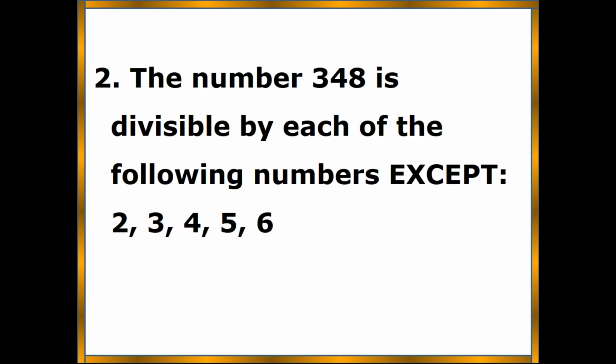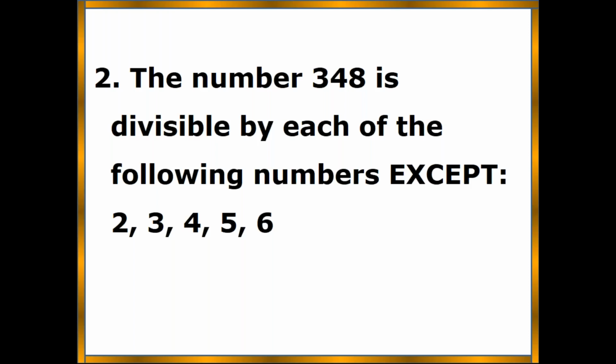Very clear. Out of that, if a number is divisible by 5, the last digit should be either 0 or 5. In 348, is the last digit either 0 or 5? No. So compulsorily 348 is never divisible by 5. So that is the answer.